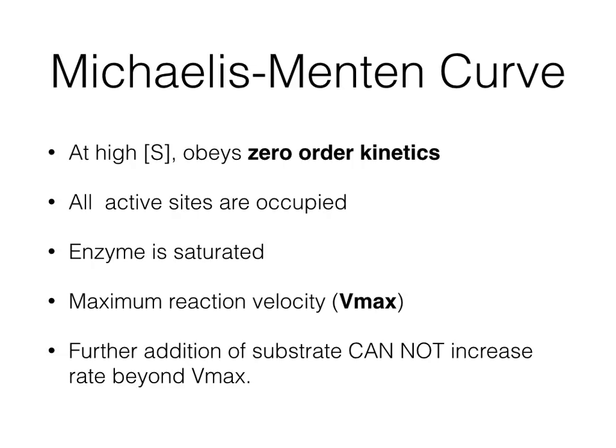At high substrate concentration, the enzyme catalyzed reaction now obeys zero-order kinetics. All active sites are occupied, and the enzyme is saturated. Now the reaction rate has reached its maximum. We call it the Vmax. So at Vmax, further addition of substrate cannot increase the rate beyond the Vmax.